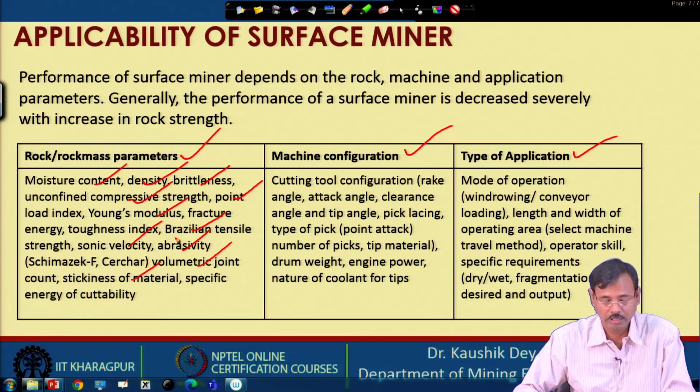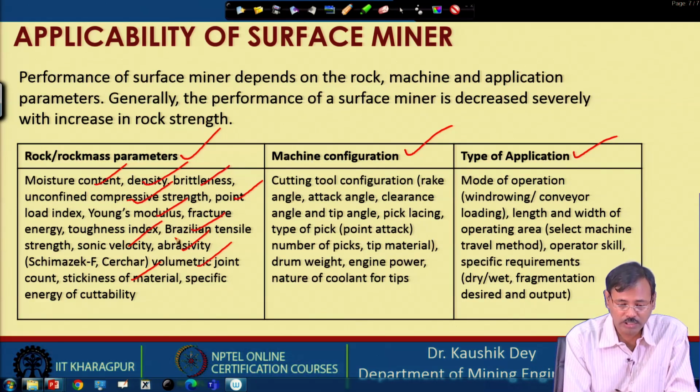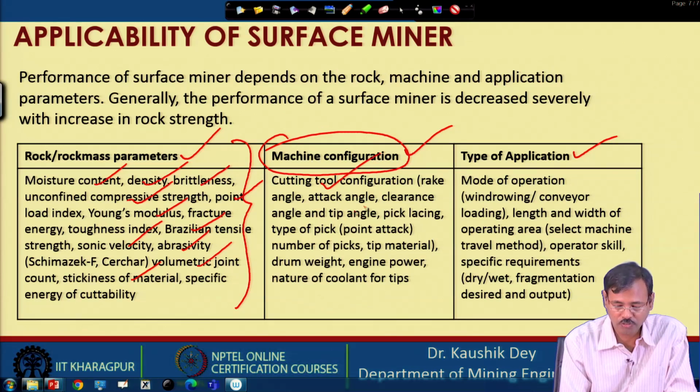These are the main influential properties dictating the applicability of the machine. This is the uncontrollable rock mass, and these are the machine configurations, the cutting tool configurations.